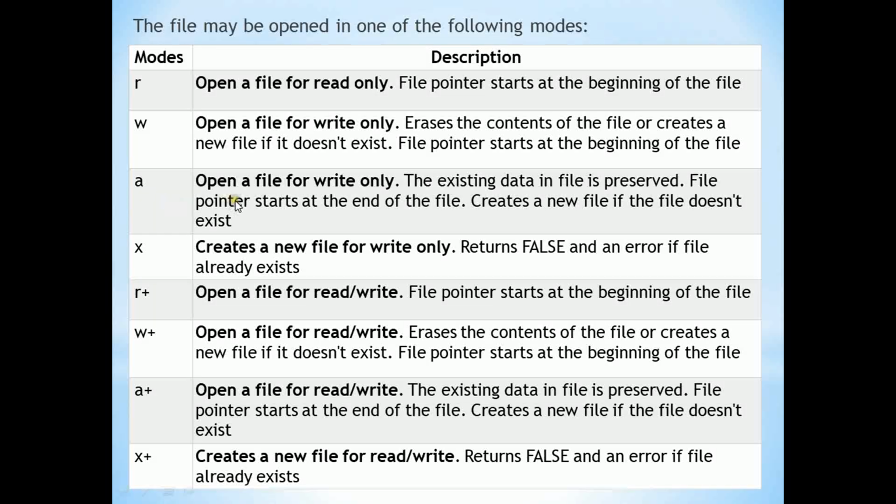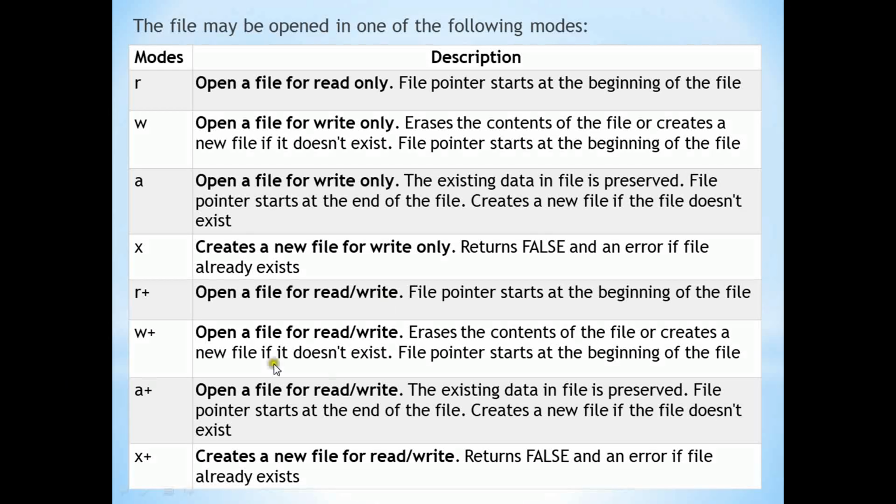A is append. It opens a file for write only. The existing data in the file is preserved, which means the file will be there and the new data will be appended to it. X creates a new file for write only, and returns false and an error if the file already exists. R plus opens a file for both read and write.